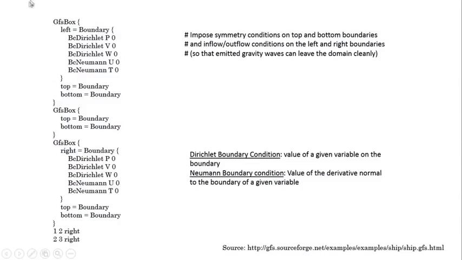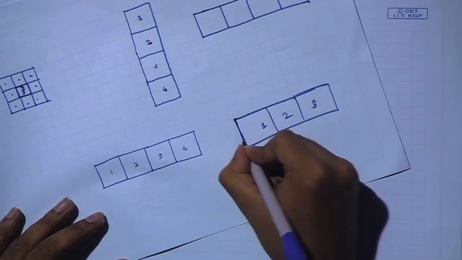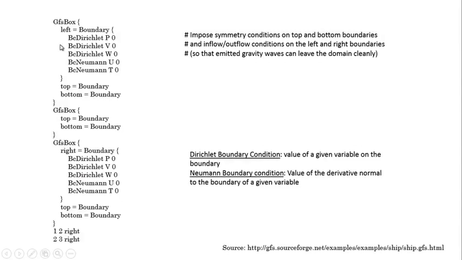So, for the first GfsBox, the left boundary conditions: this is the left boundary for the first box. At this boundary the condition is BC Dirichlet P 0. Here I would like to mention that in mathematics, Dirichlet boundary conditions mean you are specifying the value of a given variable on the boundary, and another condition is the Neumann boundary condition. In the Neumann boundary condition you are specifying the value of the derivative normal to the boundary of a given variable.